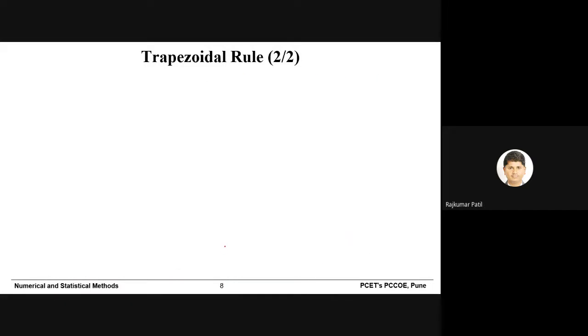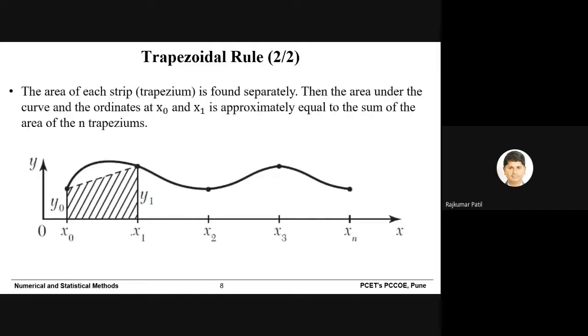Again, in the previous class we discussed that we calculate the area of the trapezoid, but during this process some area under the curve is missed. You can see the red color part. That part we didn't consider while calculating the area. This particular area which is not considered in the area of the trapezoid is called the error.